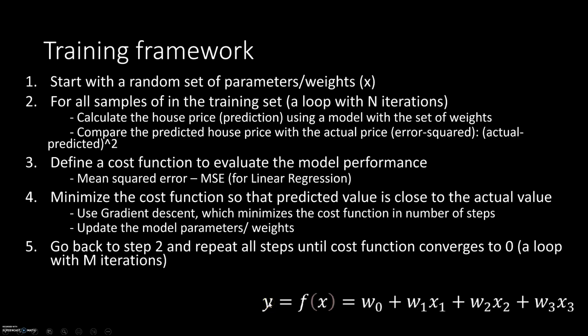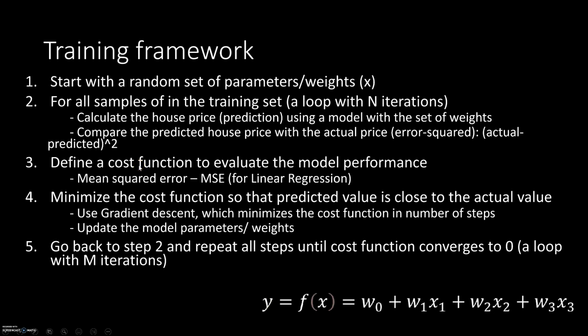The simple way is to subtract the predicted output from the actual output and take the square of that. The reason we take the square is that the predicted value can be either lower or higher than the actual, and we don't want to deal with positives and negatives. So we have the error squared for each and every sample in our training set after we do this prediction.